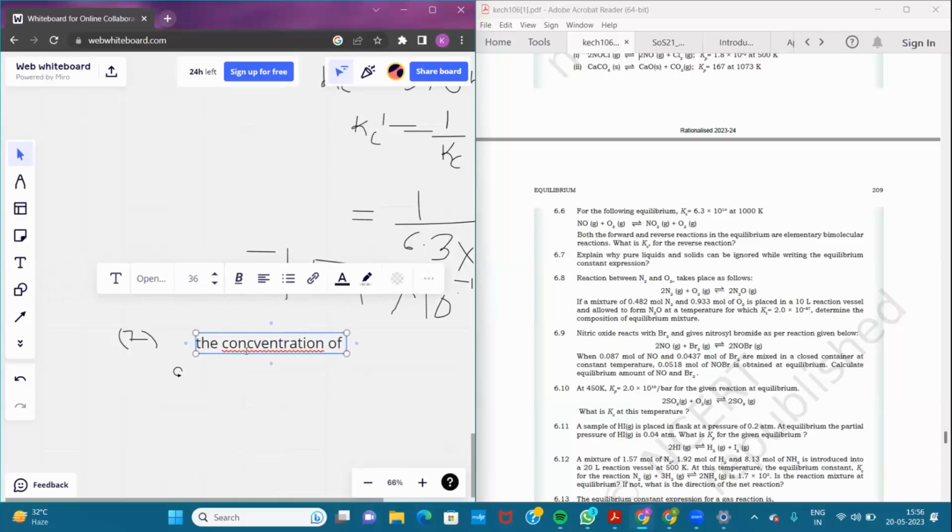The concentration here, we'll take it as molar concentration.